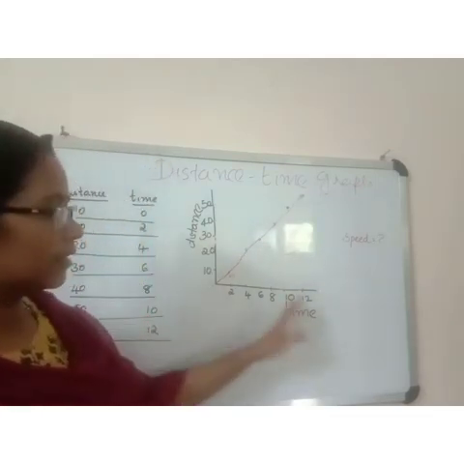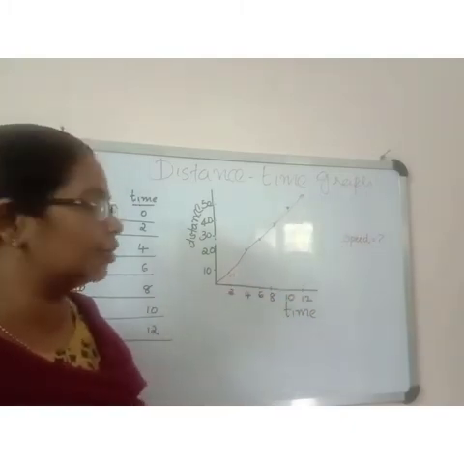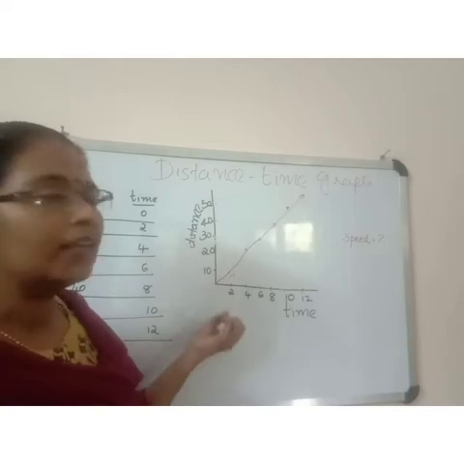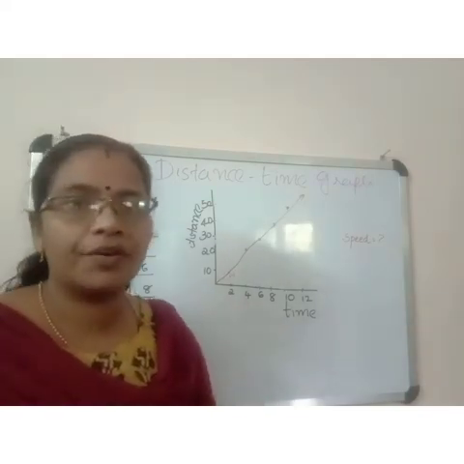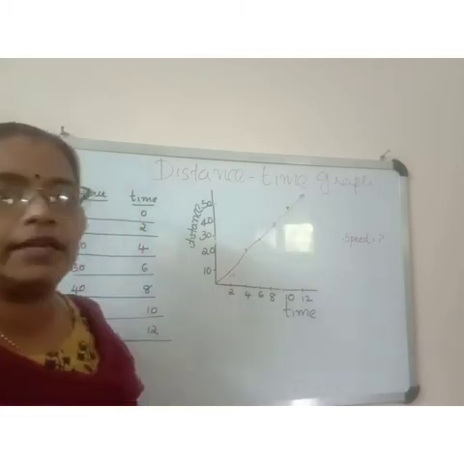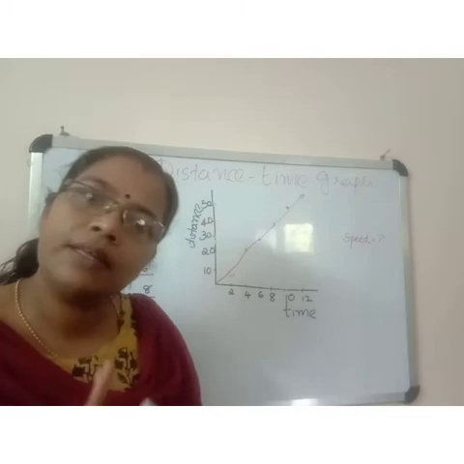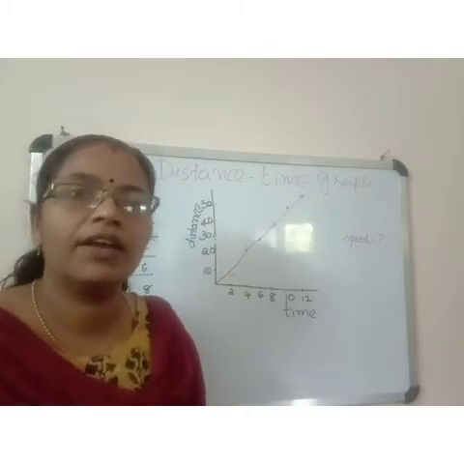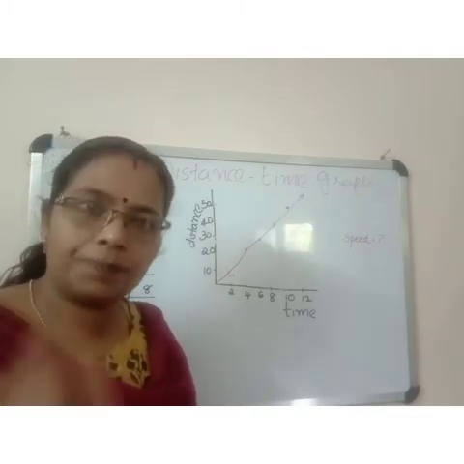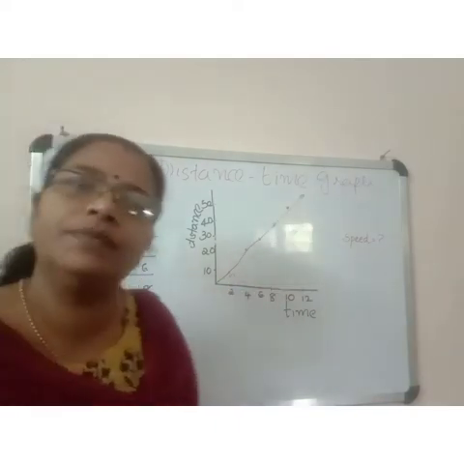The distance time graph which I plotted here in the case of a uniform motion is a straight line, and we can find out what the use is. I already mentioned at first, we can find out the speed from this graph. Unknown means we don't know its value, we don't know the value of speed. So that speed, which is an unknown quantity, we can find out from this graph.